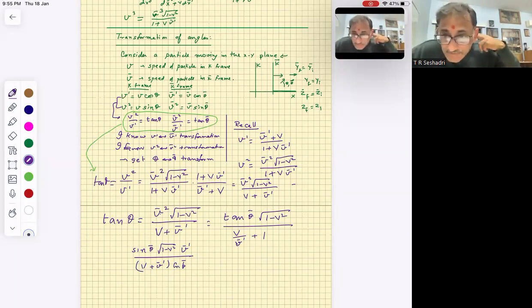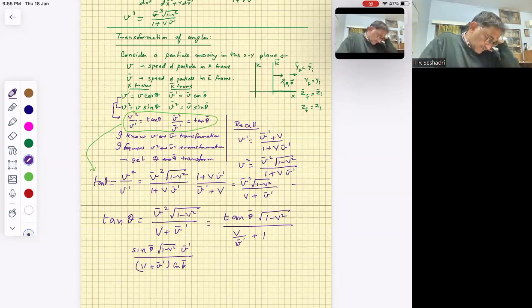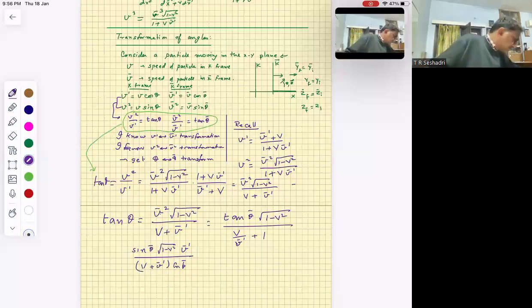Now with this I am having a bit of a problem. Why is cos theta not multiplying? Why is it multiplying this? Some error I have made. V1 tan theta. No, I think it's okay. I think it is okay.